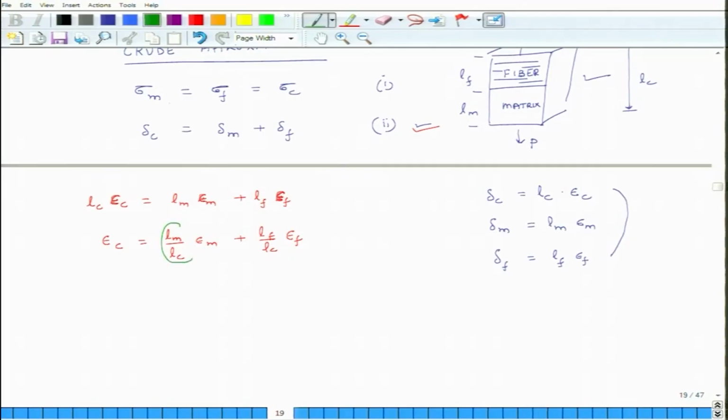Now, this is the volume fraction of the matrix, and this is the volume fraction of fiber.